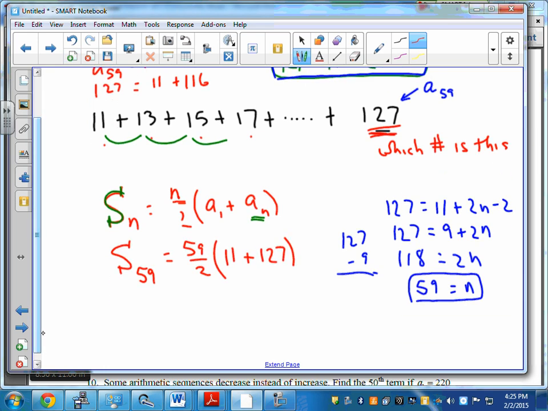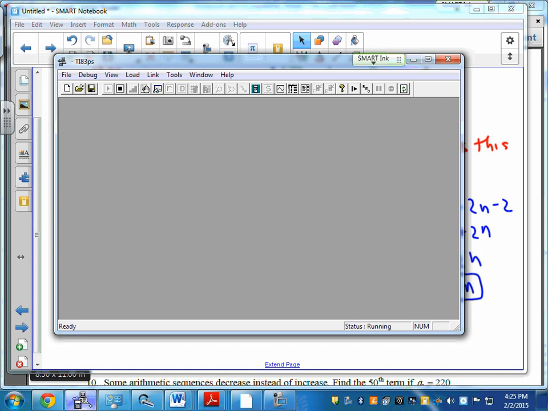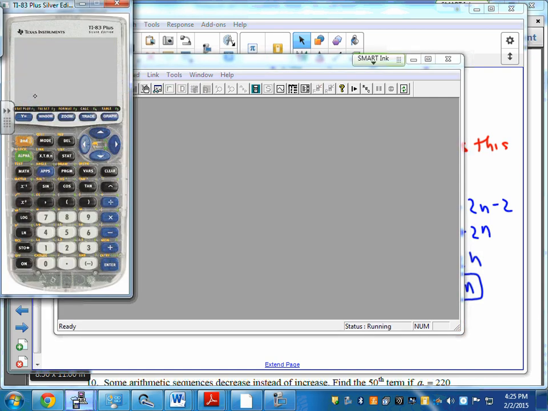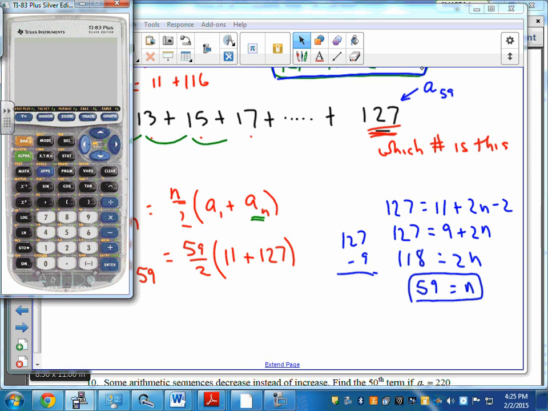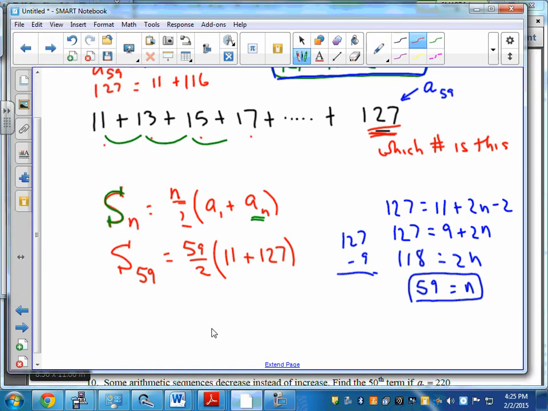At this stage, I think the calculator screams, get me out. These numbers are pretty big. So 59 divided by 2 times 11 plus 127 gives 4,071.